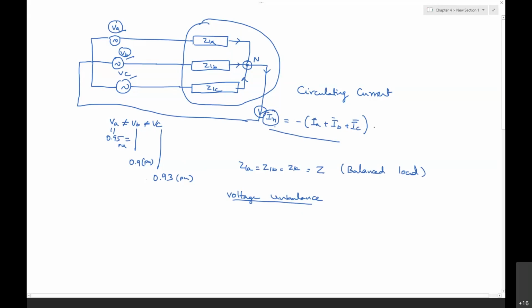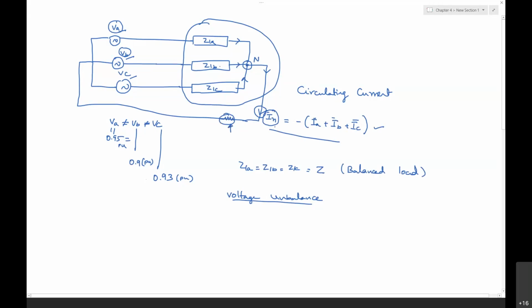This neutral current unnecessarily overloads the resistance and produces heating losses, which is not desirable. This is one of the problems when you are considering linear loads, I mean three-phase balanced load.